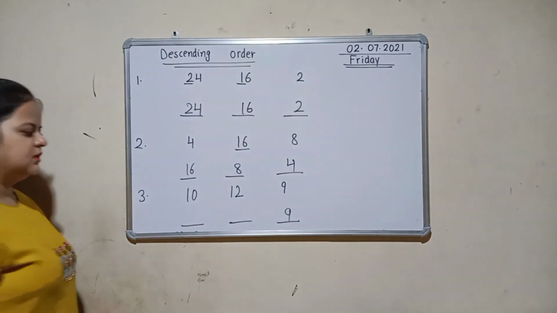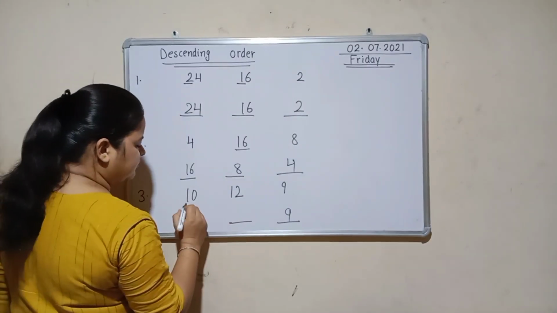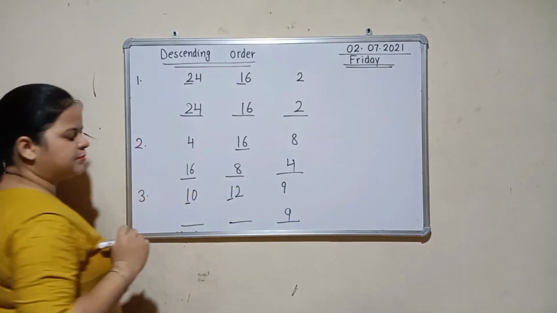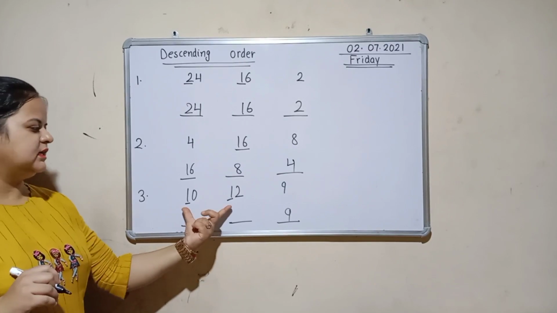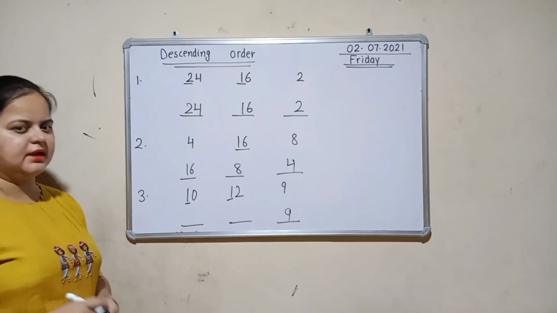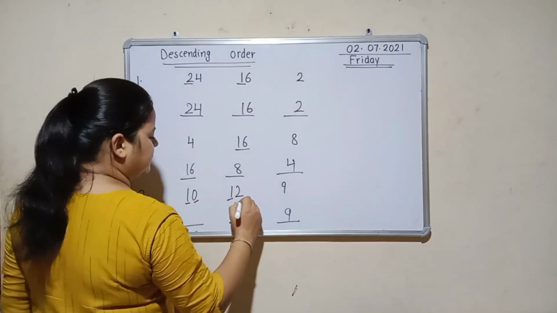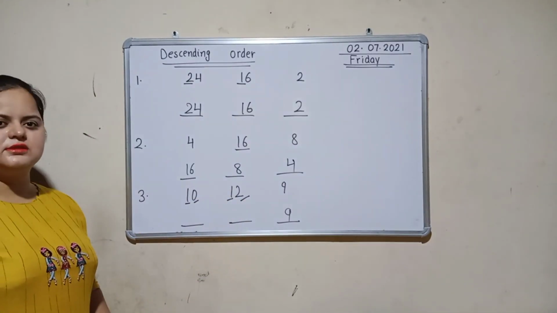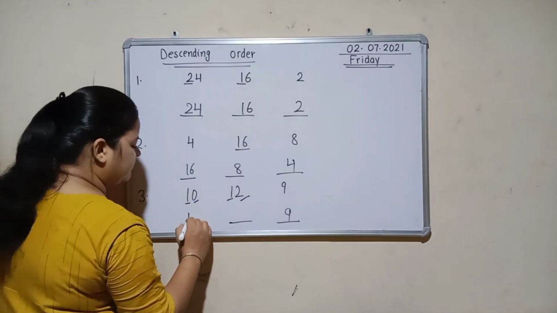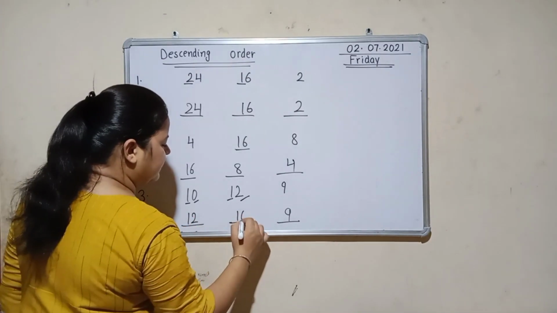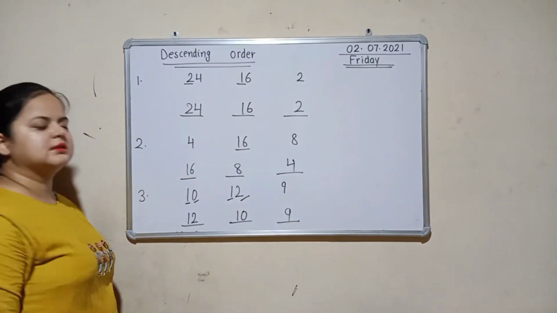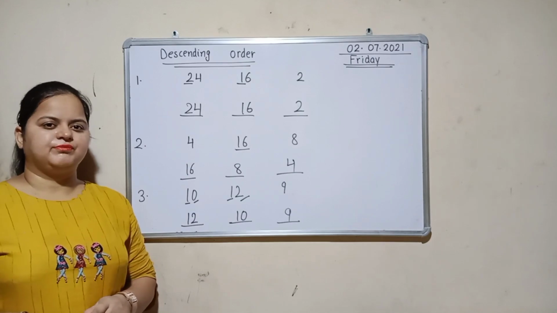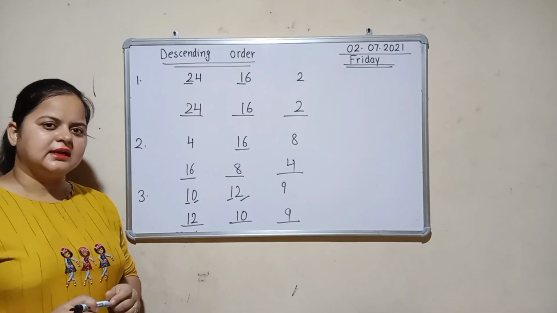To compare the numbers we have to see tens place numbers and these are also same. Here is 0 and here is 2. 2 is greater than 0. So 12 is greatest number, 10 is middle and 9 is smallest. Yes, done.